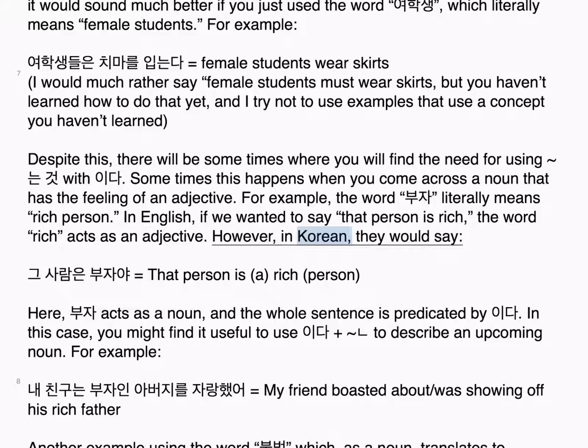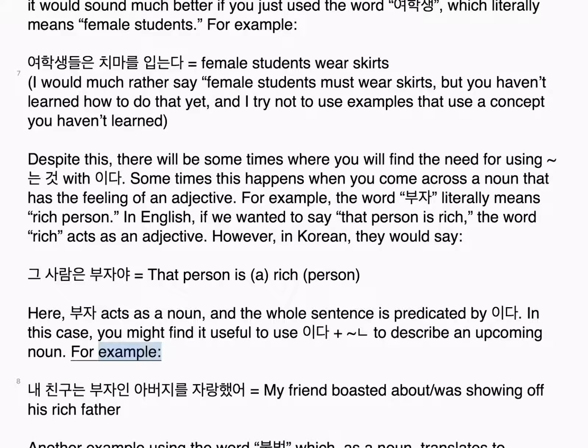However, in Korean, they would say 그 사람은 부자야 equals that person is a rich person. Here, 부자 acts as a noun, and the whole sentence is predicated by 이다. In this case, you might find it useful to use 이다 plus 인 to describe an upcoming noun.